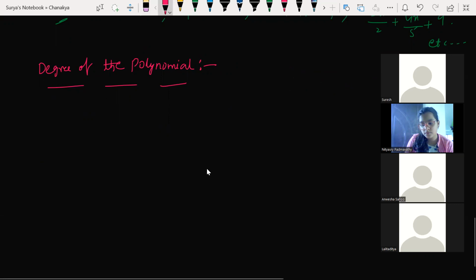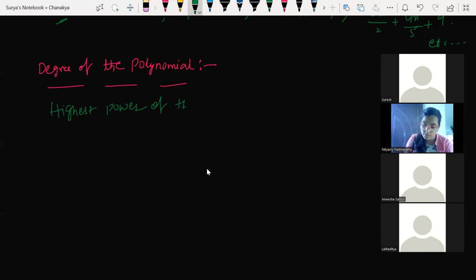Degree of the polynomial is nothing but, beta, the highest power of the variable is the degree. Is degree part of types of polynomials or separate?